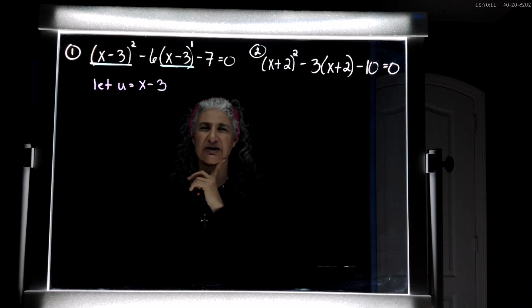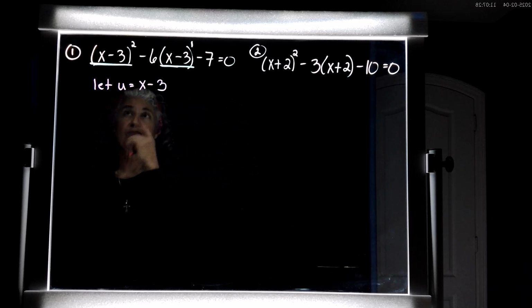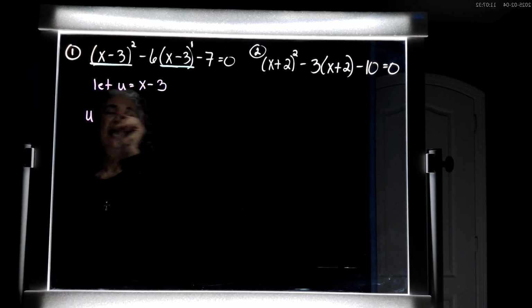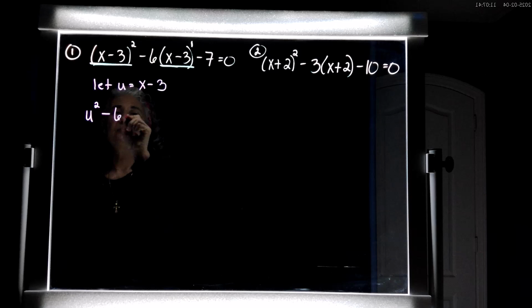I think I said it incorrectly before. What's the variable? X minus 3. Sorry. Okay, which means this parenthesis is now going to be replaced by u, and it'll be u to the power of 2. Excellent. Minus 6, what's the parenthesis? U to the power of 1, which we don't need to write.